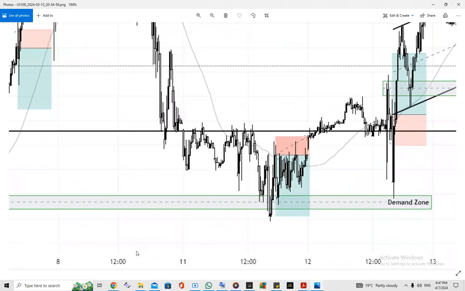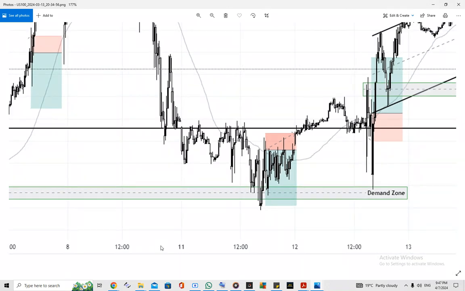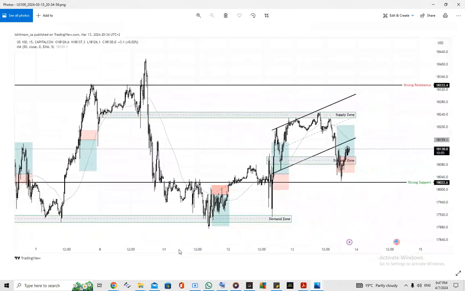But eventually, around the same time after this distribution, so this was around the London session, as you can see, after 12, leading towards the afternoon 15:30. So this was during the London session where the price pushed to the upside. Then later on during the New York session, price did distribute to the downside.